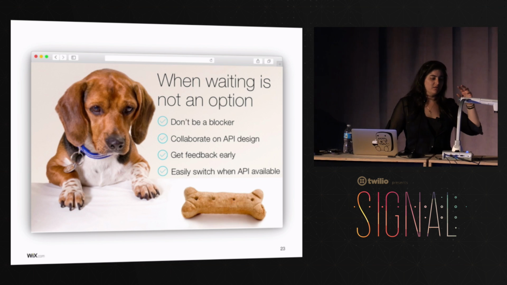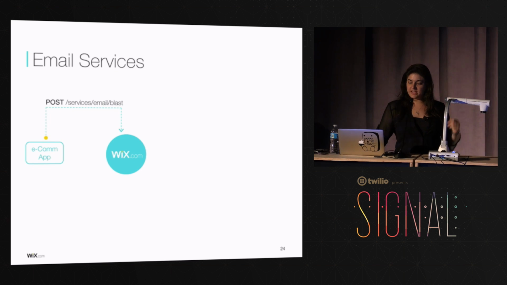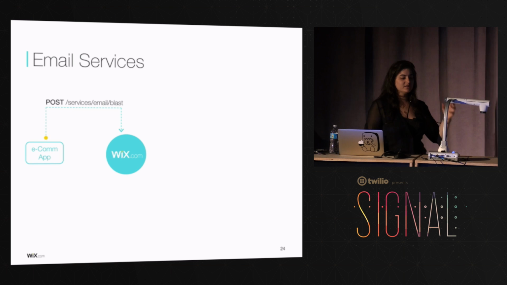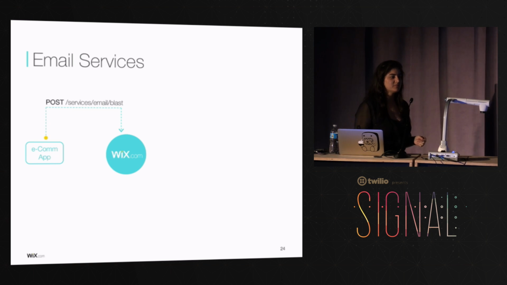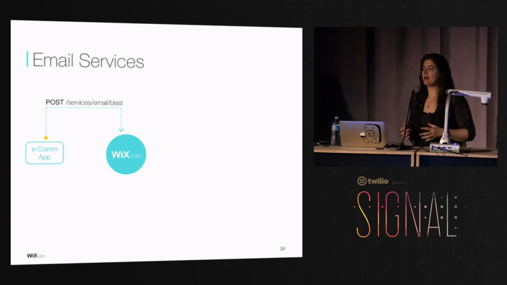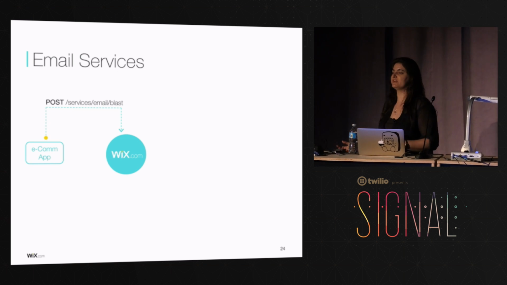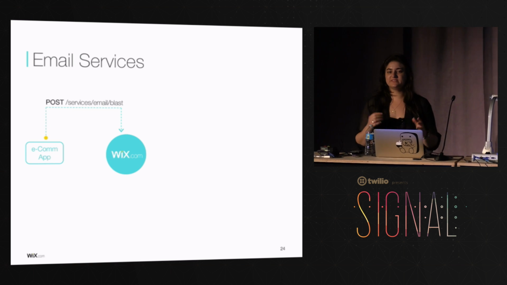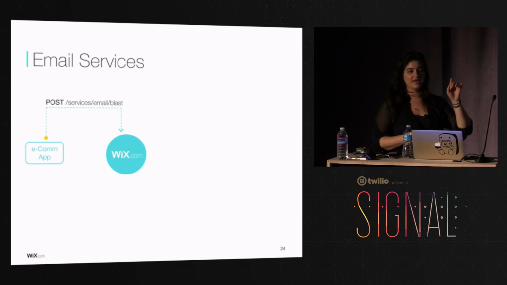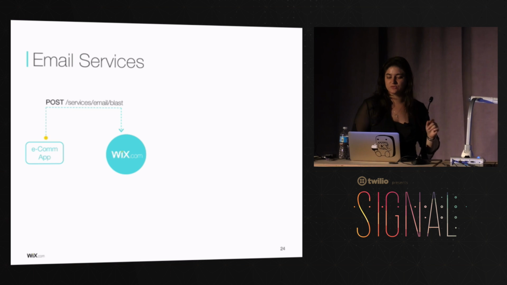We said, okay, there's an e-commerce application, and it wants to send out an email blast. So it goes to Wix and asks, who are the applications on my site that provide an emailing service? We say, hey, there's that one, and there's an ID for it, and you can use it.